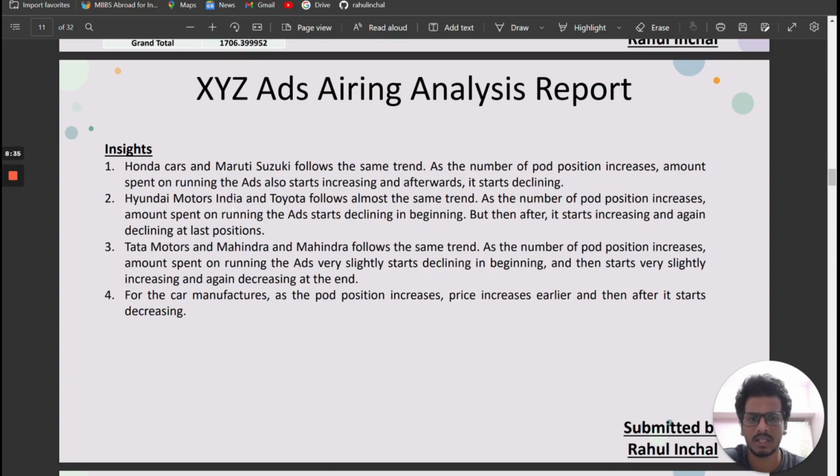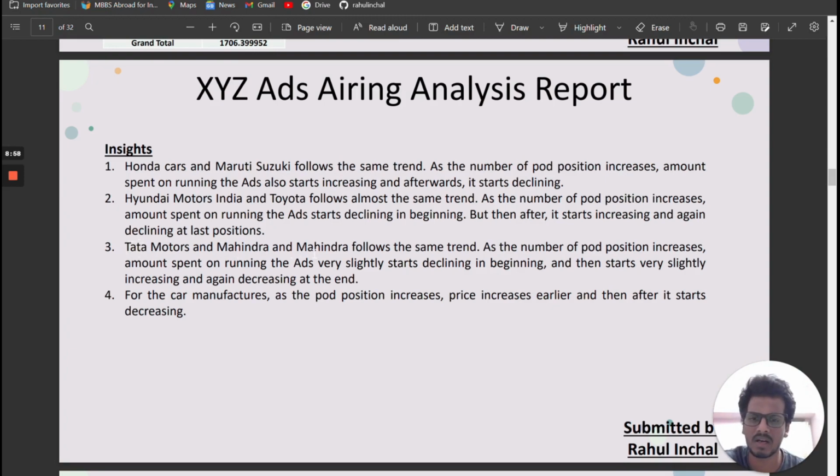Hyundai Motors India and Toyota follow almost the same trend. As the number of pod positions increases, the amount spent on running the ads declines in the beginning, then starts increasing again and declines at the last position. So it's like a probability density function, or normal distribution.